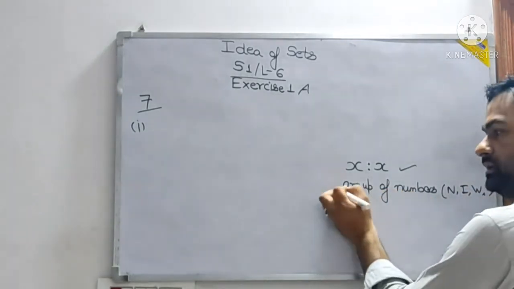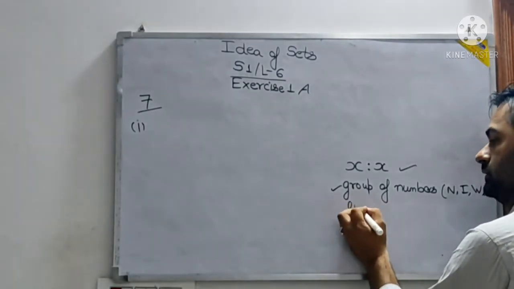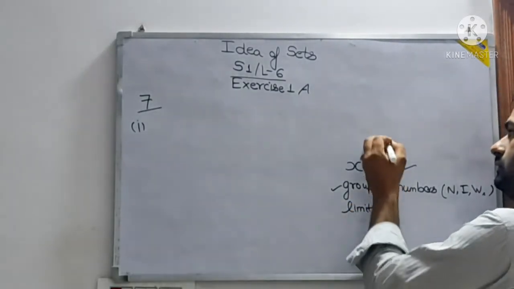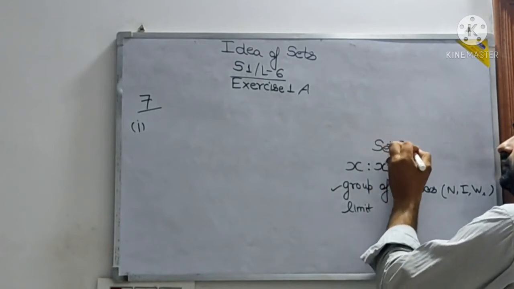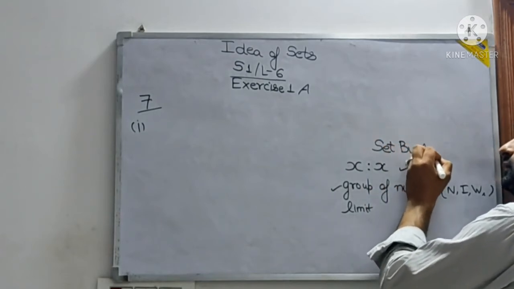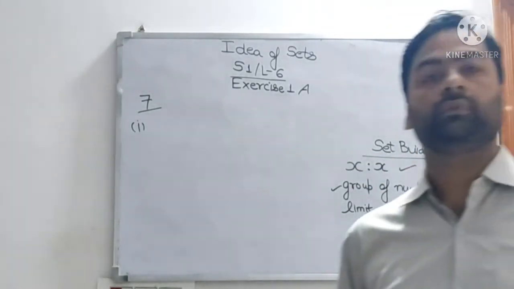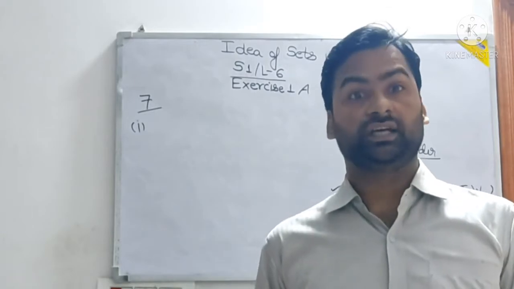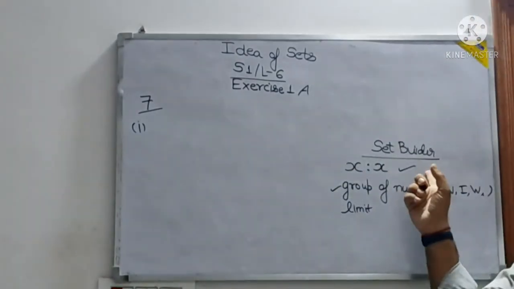This thing you have to check. Then limit. Like a quick start guide or starter pack. So, starter pack for the set builder method.